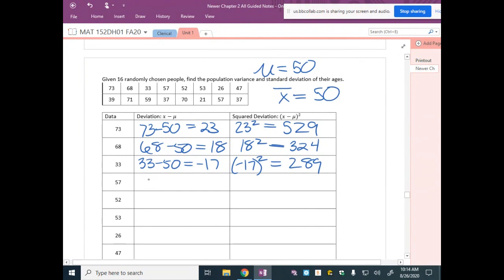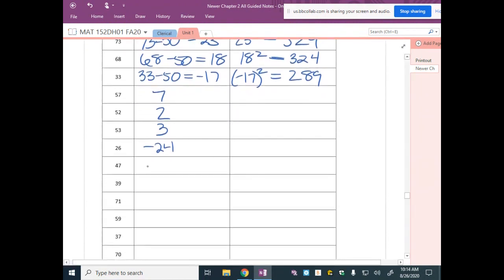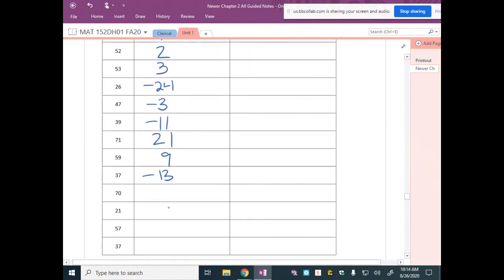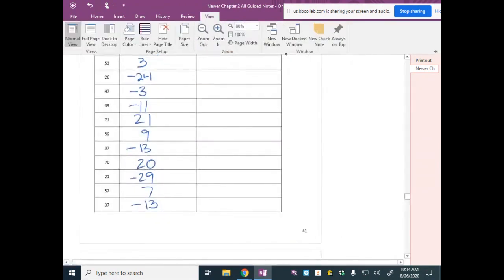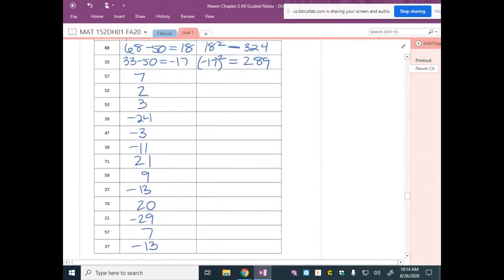So the remaining deviations would be 7, 2, 3, negative 24. That's a big one. Negative 3, negative 11, 21, 9, negative 13, 20, negative 29, 7, and then negative 13. Then we square all of those.